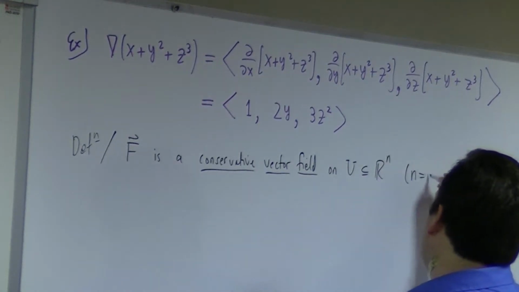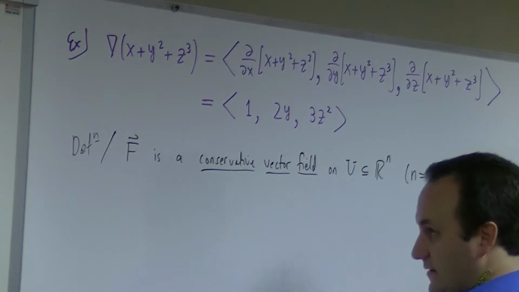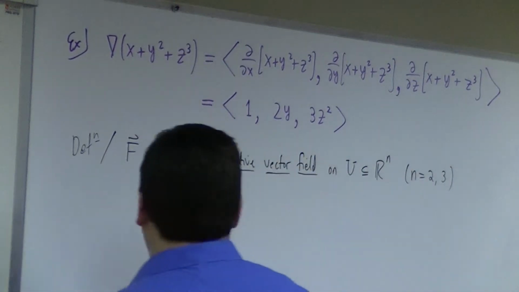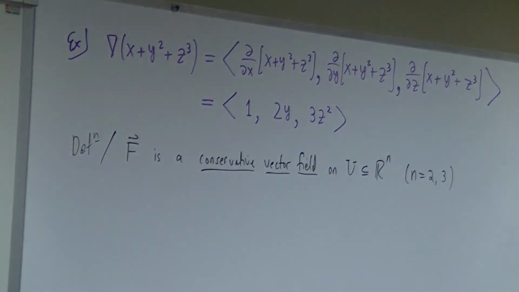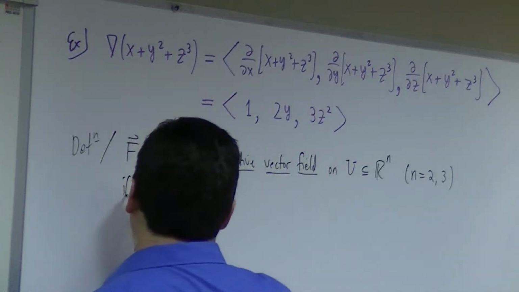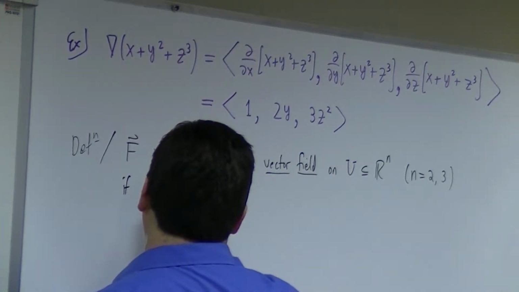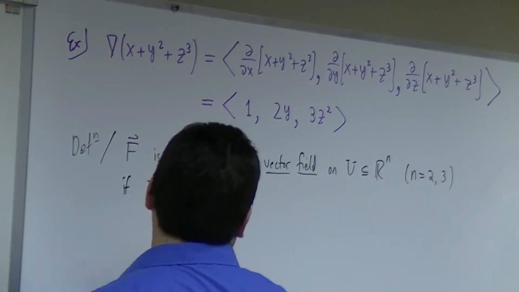Usually we're just interested in n equals 2 or n equals 3. This is, after all, classical mechanics. So F is a conservative force field on some subset of R^n if there exists U, oh, that's a bad choice.